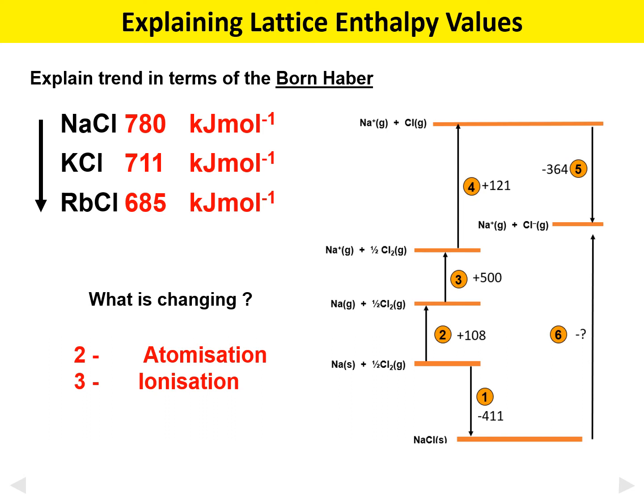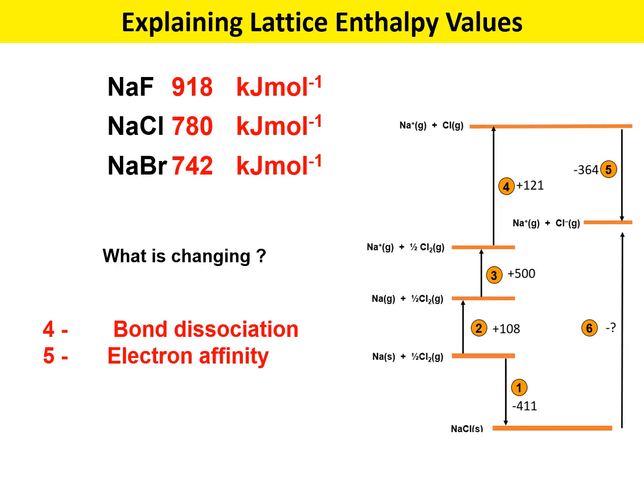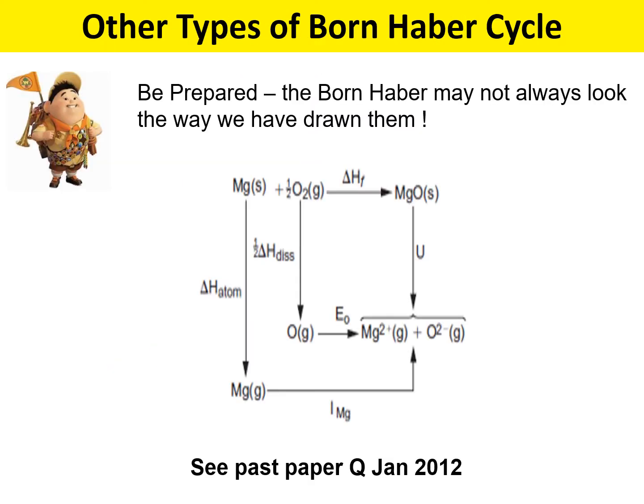If you think of your Born-Haber cycle, because your non-metal ion remains the same, the only change will be the atomization and ionization of the metal ion. This would also be the same if we look at these examples where we are changing the non-metal ion. So in this case, it's only the bond dissociation and the electron affinity values that are changing, and they will result in an overall change in the lattice enthalpy value.